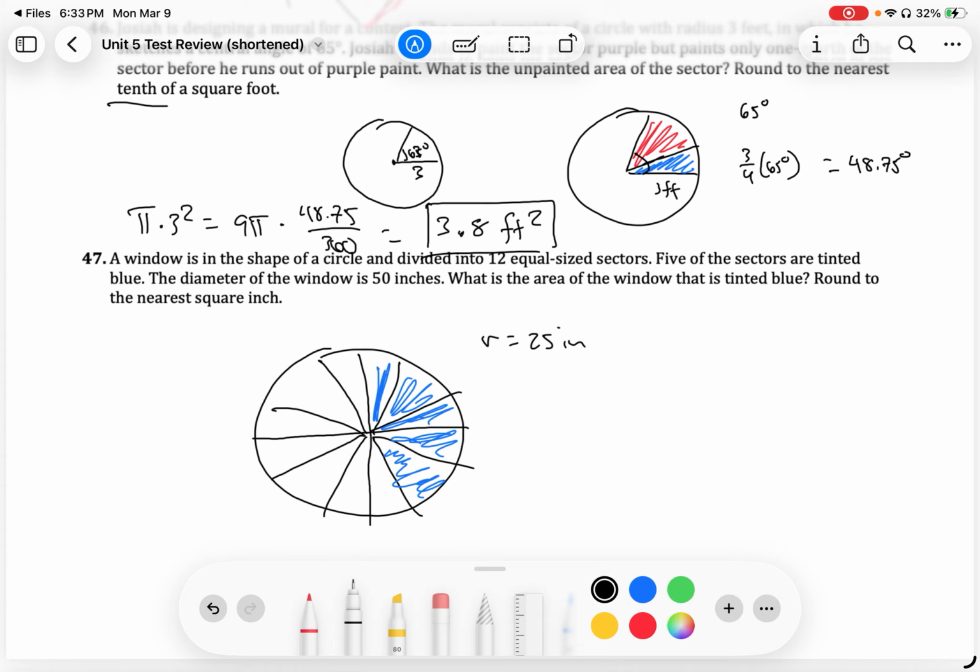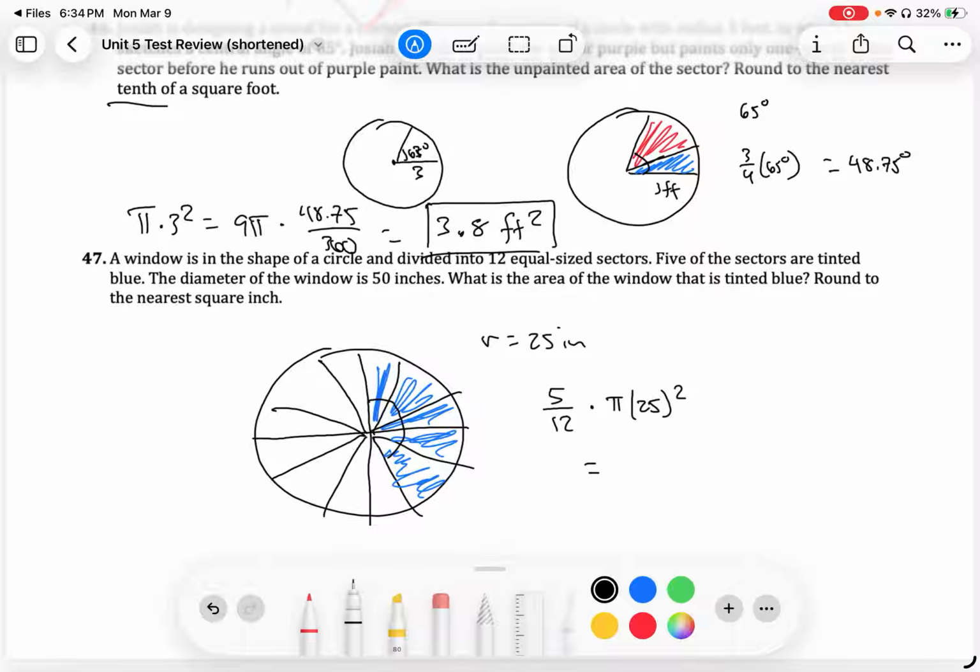Well, I need to know what the measure of this angle is. That's really just 5/12 of the circle. So I could essentially just take the entire area and multiply by 5/12, which is probably the best thing to do. So 5/12 times pi times 25 squared would be the area that is tinted blue.